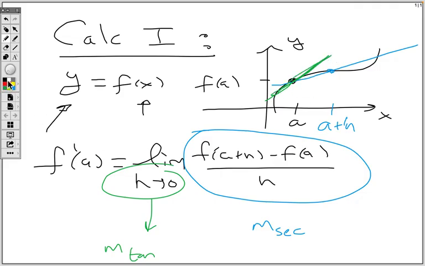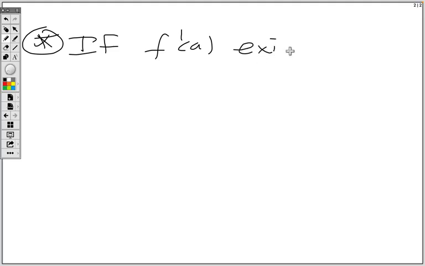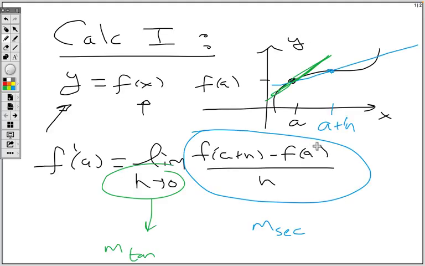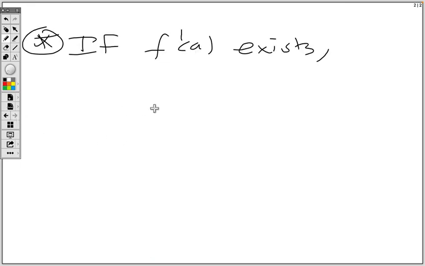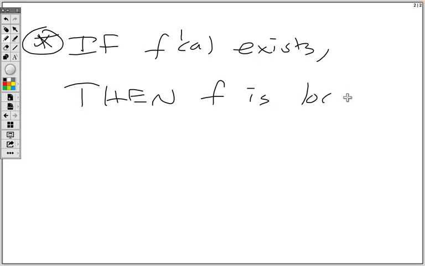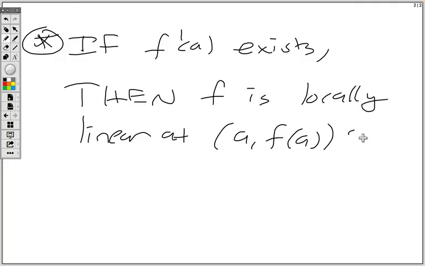Right? And so in Calc 1, we had the following. If f prime of a exists, so as long as the limit of the slope existed, then f is locally linear at the point a comma f of a. And what that meant is that you could approximate the function by the tangent line.